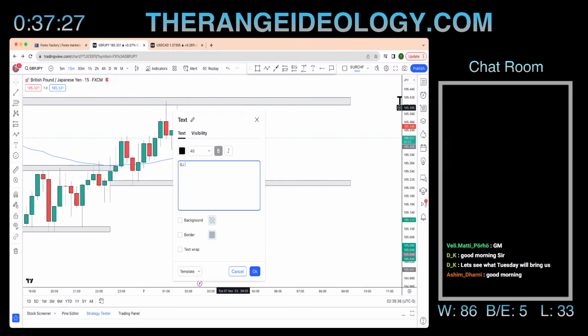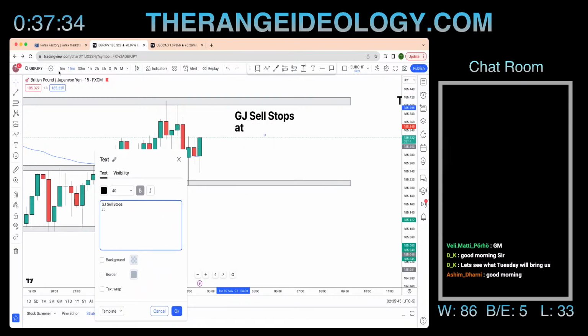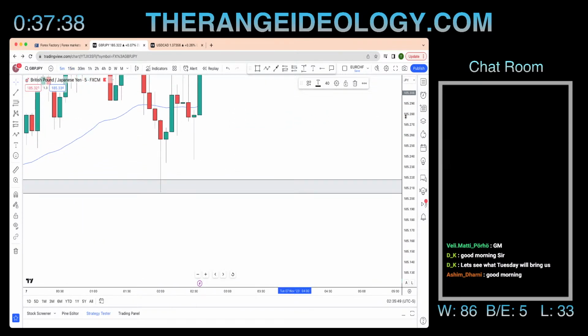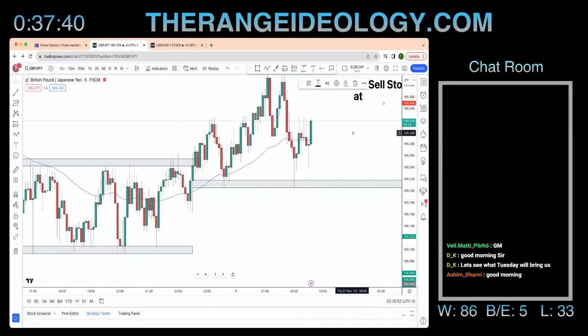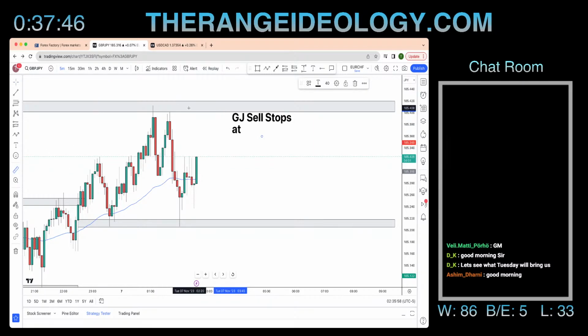Okay. So GJ sell stops. Again, I can just have both trade ideas ready, just in case whichever one hits. There's no wick on this current candle here. So it's still in this consolidation zone, but I'm just going to get it ready just in case it does move up strong here.